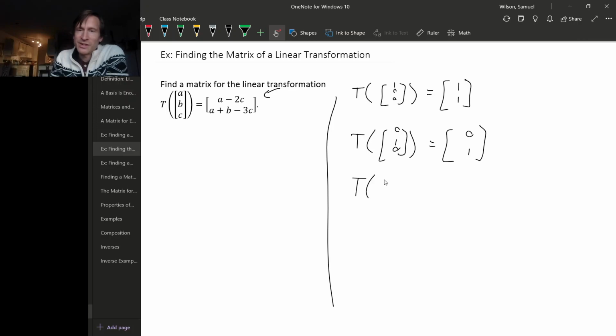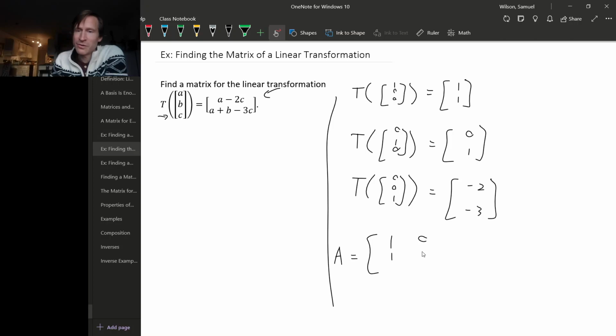And then work out what is T of 0, 0, 1. This is E3, the last standard basis vector for R3. Now this 1 is in the C position, so minus 2 and minus 3. And now that we know what the transformation does to the standard basis vectors, we can write down the matrix for this linear transformation. It's 1, 1, 0, 1, minus 2, minus 3. And that's it. We're done.